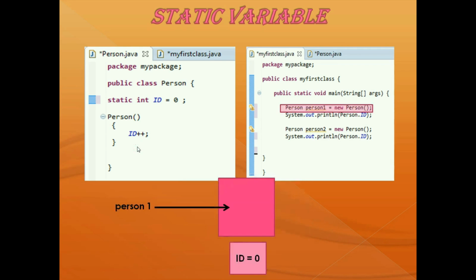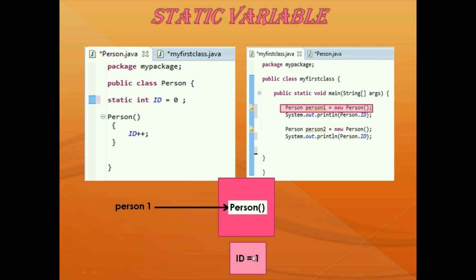Now let's try to understand what happened this time. First, you have the reference variable person1 that points to the Person object, right? Then the constructor gets called and id becomes 1. Now if you notice, this time the variable id does not belong to the object anymore. It is kept separately.